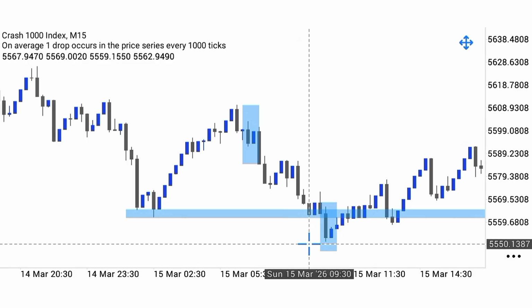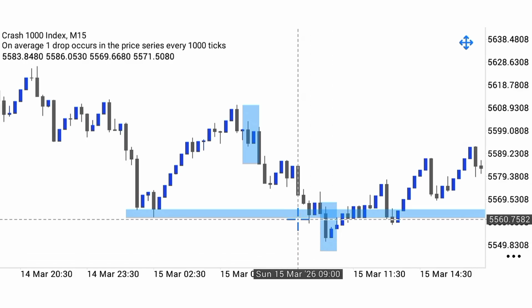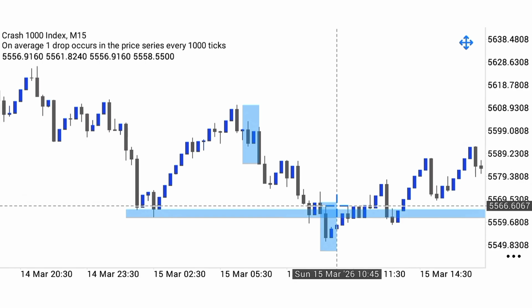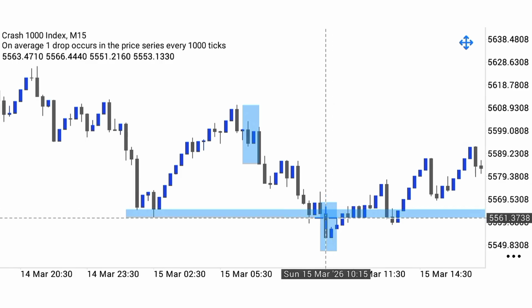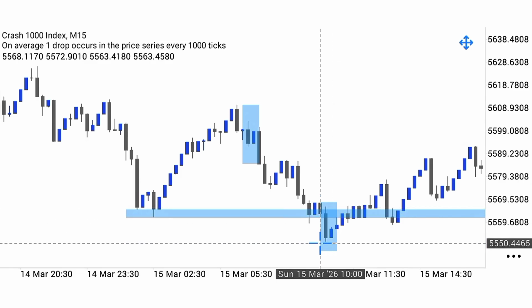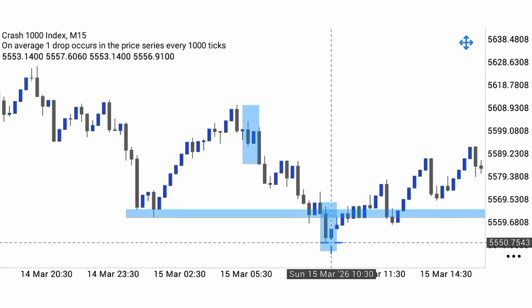It did not move above the high of the last candlestick, and at the same time, it did not move below the low of the last candlestick. So that's what makes it a strong candlestick on the chart.